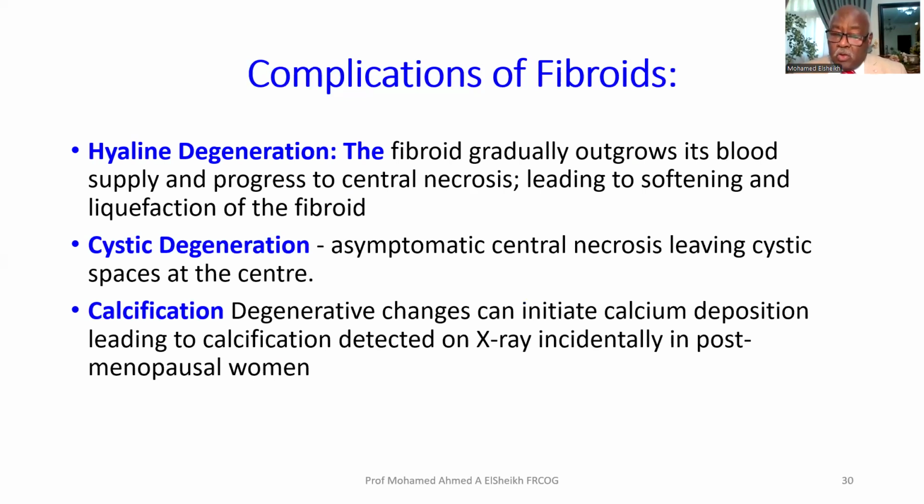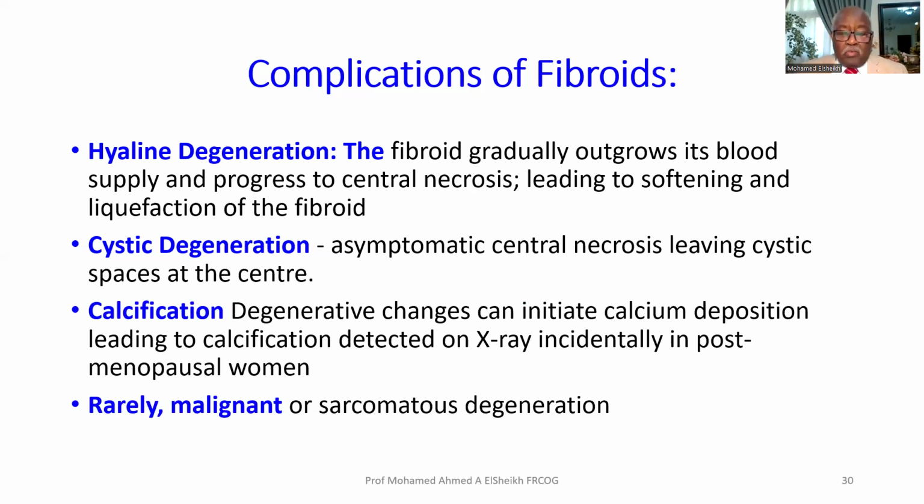Degenerative changes can initiate calcium deposition, leading to calcification, detected incidentally on X-ray in postmenopausal women. You may also do an ultrasound in a postmenopausal woman or during reproductive life and incidentally say this is a calcification of the fibroid as a complication. As we mentioned in the beginning, malignant change is very rare, 0.5%.